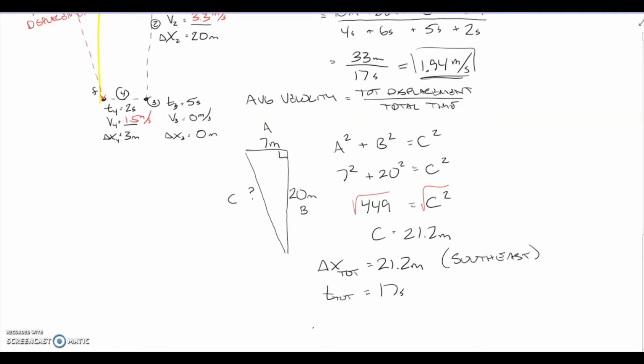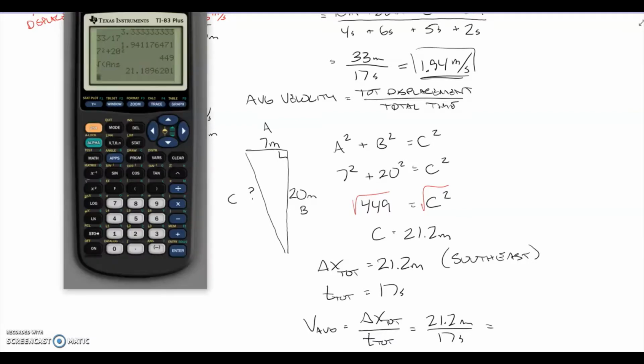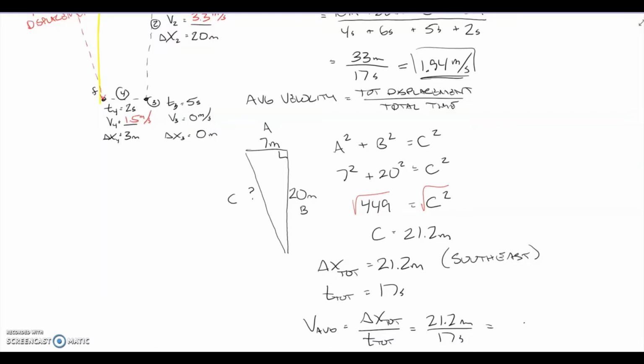And so my average velocity is going to be delta x total from start to finish over the time total. And that's going to be 21.2 meters over 17 seconds. And look at how my units work out. And if I take that divided by 17 seconds, I get 1.25 meters per second as an average velocity.